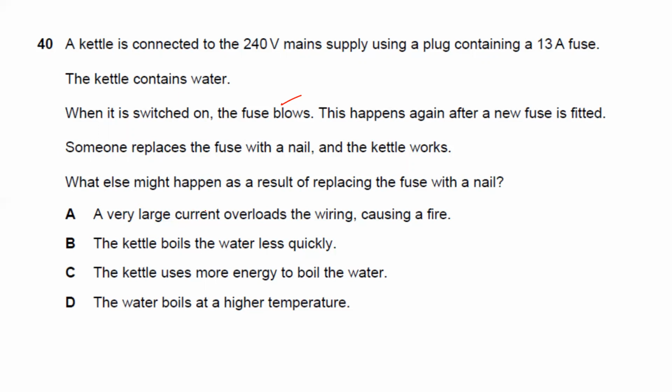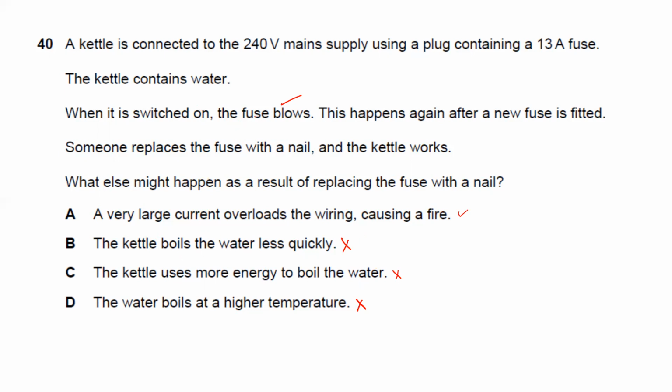So part A, a very large current overloads the wiring causing fire. Yes, this is possible. Part B, the kettle boils the water less quickly. No, the kettle will work perfectly fine. The kettle uses more energy to boil water. No, the kettle will use the same energy. The water boils at a higher temperature. That is nonsense. So answer A is the right choice, because the fault is not properly removed.